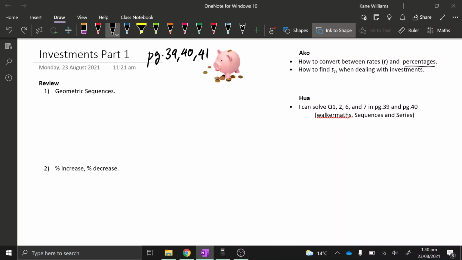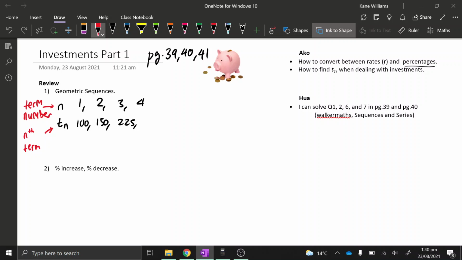So what is a geometric sequence? Let's recap this. I always do this because it's good practice. So we have n, and we have Tn. n is the term number. And Tn is the nth term.